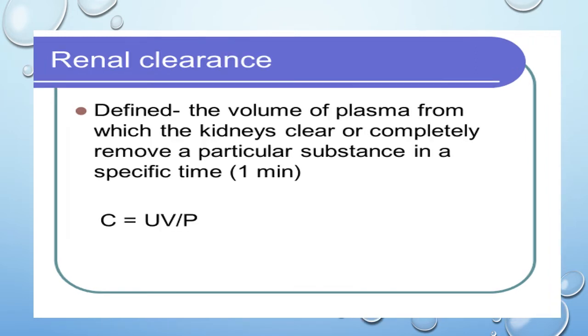Okay, there's something called renal clearance. I know you love math, so of course I had to include this for understanding. So renal clearance is the volume of plasma from which the kidneys completely remove a particular substance in a given time.